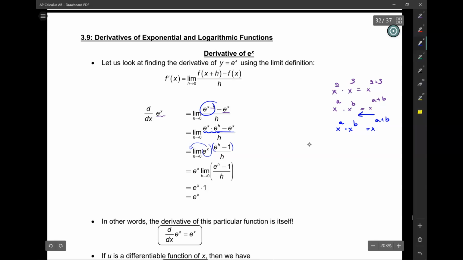When you take out e to the x and separate it, now you have this. This function, e to the h minus 1 over h, is something that shows up quite a bit. Everything in your gut is telling you that if I plug in 0, e to the 0 is 1, minus 1 is 0, so it's 0 over 0.